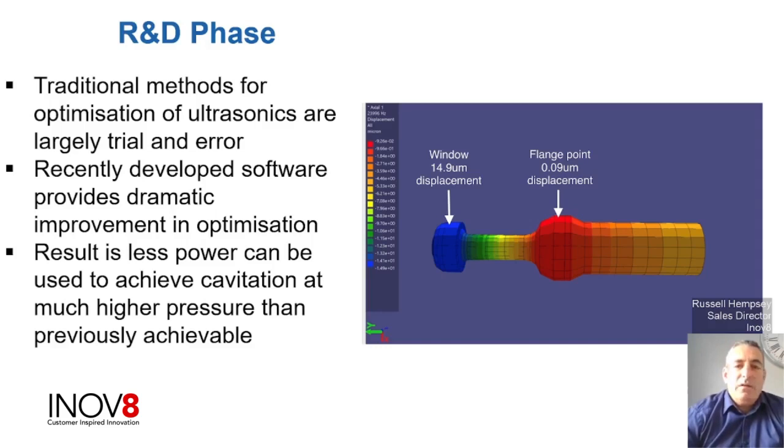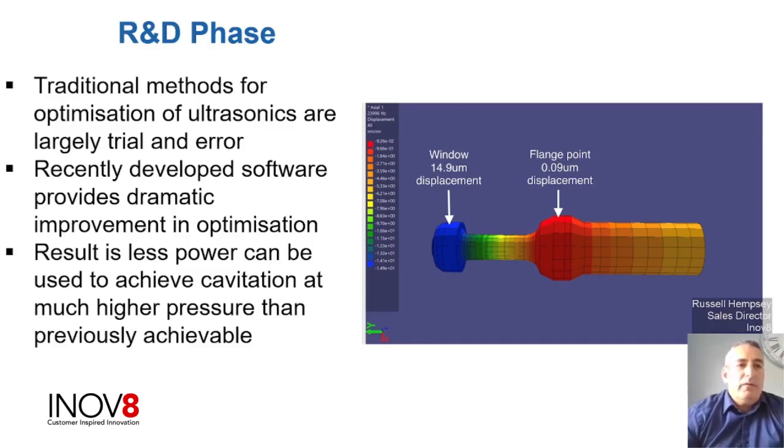And so historically what's been done here is basically trial and error, trying one type of transducer, seeing how it works. And it's worked to a certain extent, but it's not been proven to work in high pressure applications.